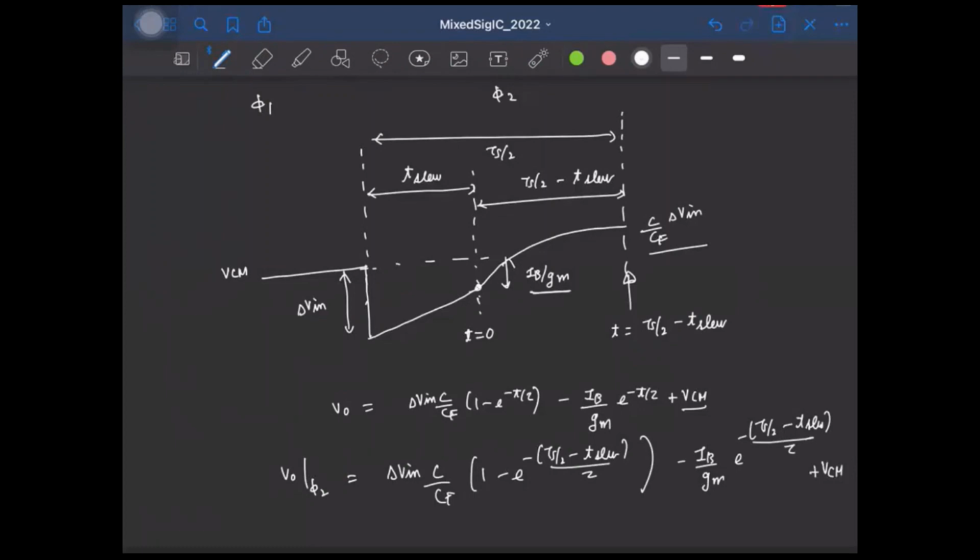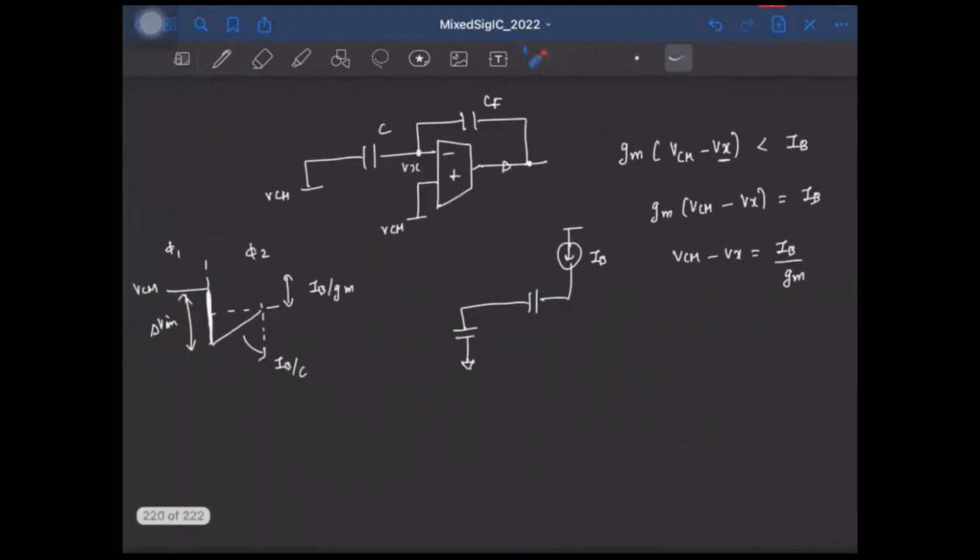Okay, and please notice that this time T slew is a function of the input voltage. In this case, when we had an input of delta Vin, the voltage Vx here jumped by delta Vin and it had to rise linearly, and only when it reached this difference of IB by GM, slewing stops.